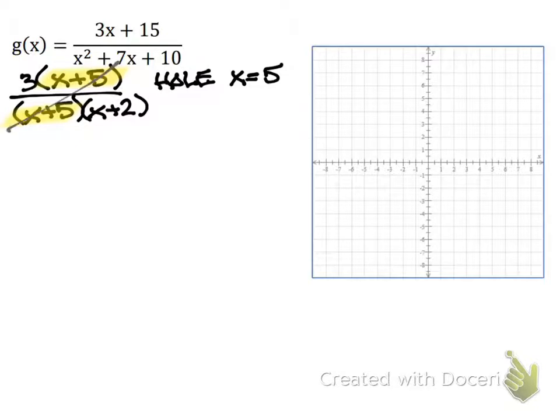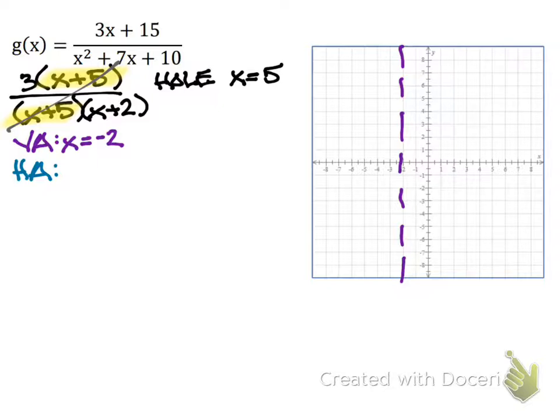Now that I've identified that, I can cancel those terms out and move along. First, we would look at the vertical asymptote, which would be at x equals -2. And I'll go ahead and put that in on my graph. Then, looking at the horizontal asymptote, we have an x to the 0 in the numerator since I canceled those terms out, and an x to the first on the bottom. So that's bigger on bottom, y equals 0.